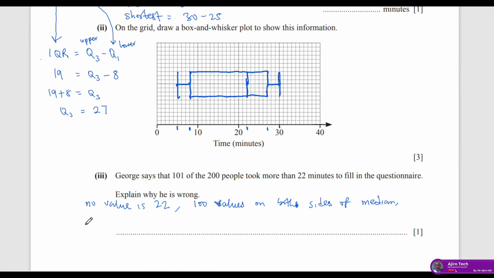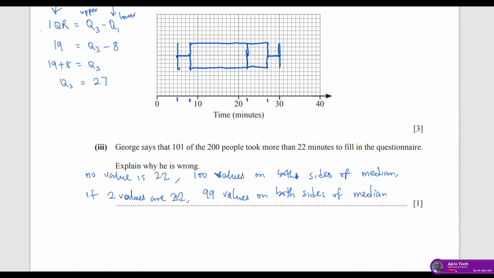If two values are 22, then 99 values on both sides of the median. The examiner should understand this.